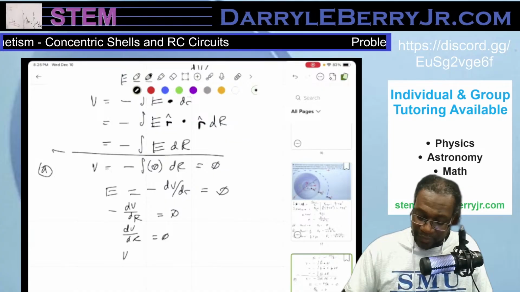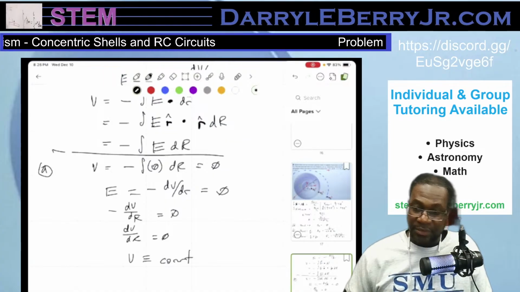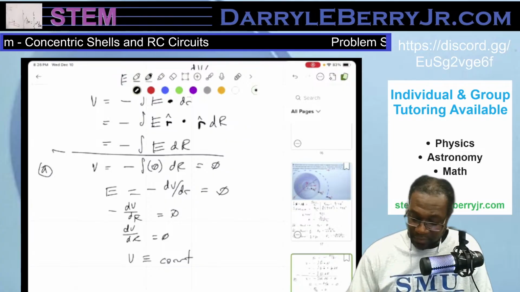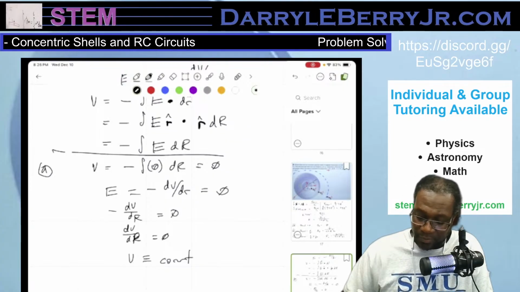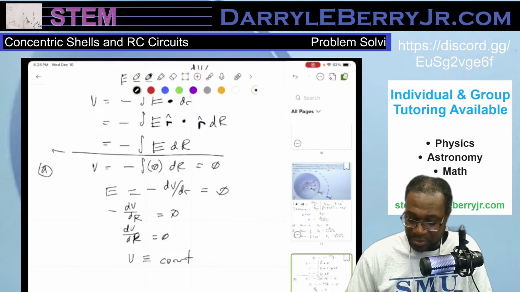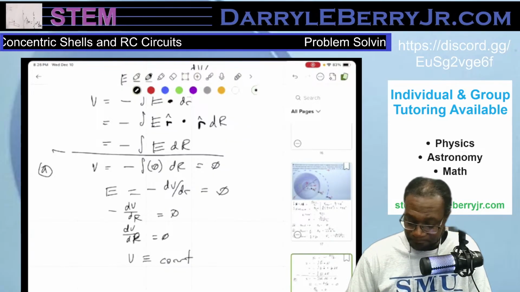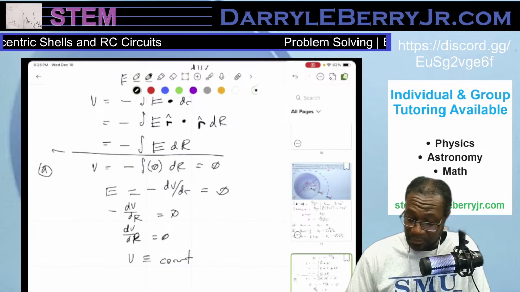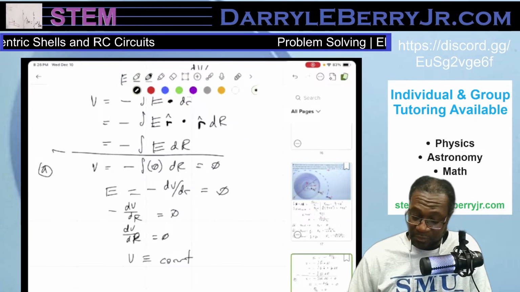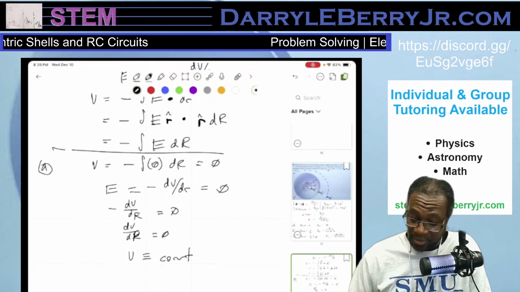So that means that V, potential, has to be a constant, because since the derivative of the potential with respect to the radius does not change, that means as the radius changes, the potential does not change, so it's constant. But there is a potential. It's just constant. So there's no equation with respect to changing r.